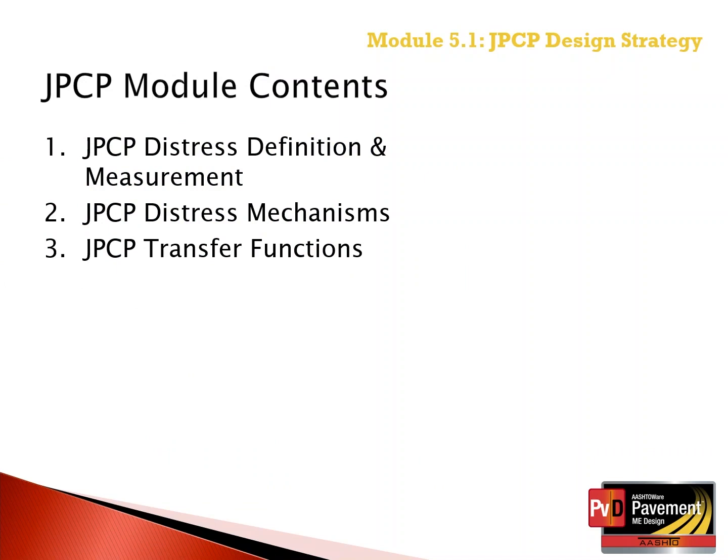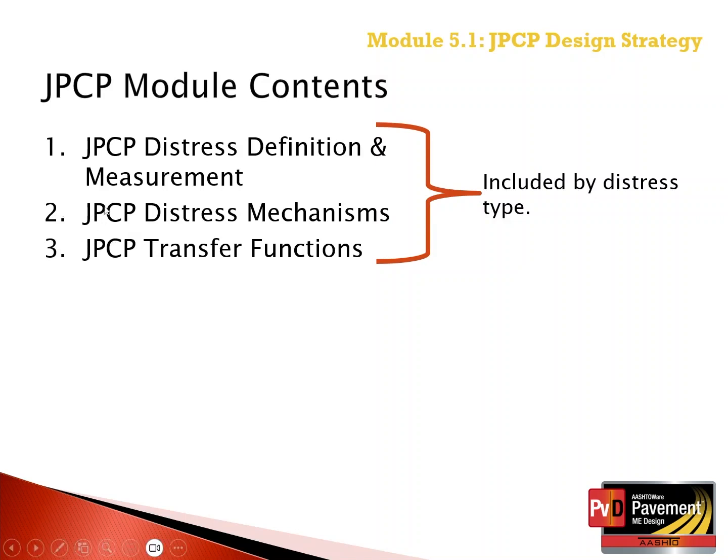So Module 5.1 includes 3 topics for each individual distress. We will first do a JPCP distress definition and measurement, a JPCP distress mechanism, and then the JPCP transfer functions. These 3 different topics are covered for each individual distress type for the rigid pavement distress model.